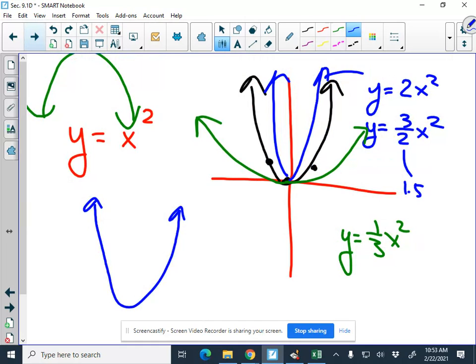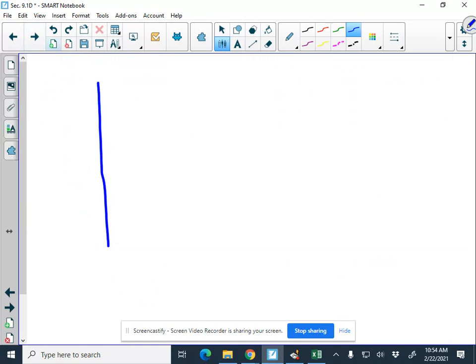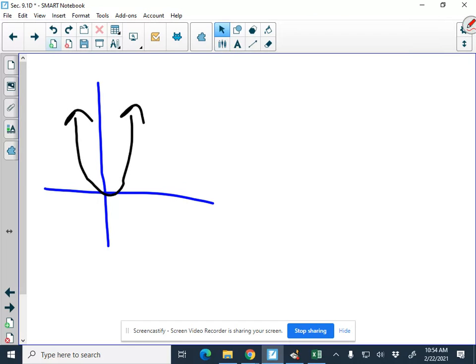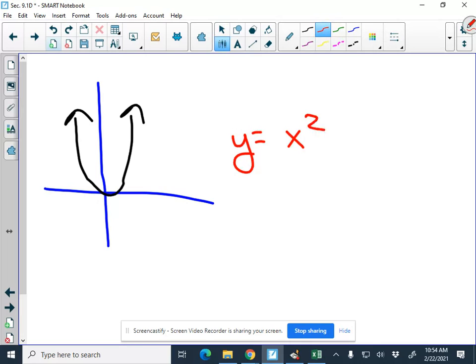So for example, coming back to our parent function, if I have the equation y equals x squared, that's our parent function. That's the graph there in black. But if I go y equals x minus 2 in parentheses, it has to be in parentheses. That will do the opposite of what we think.